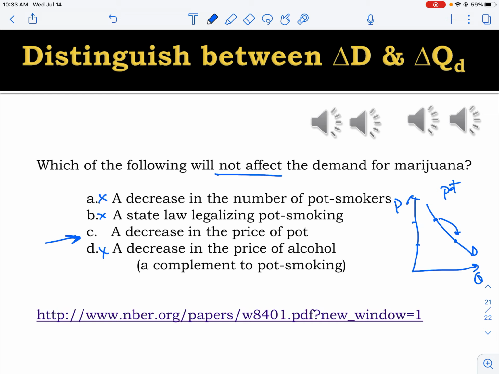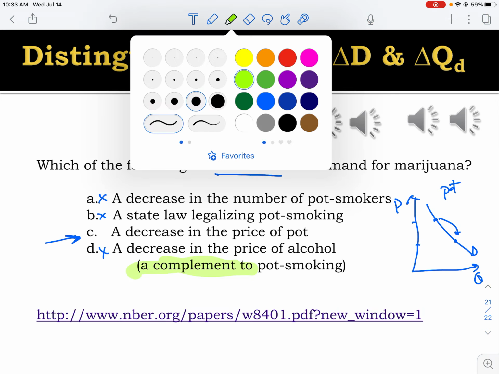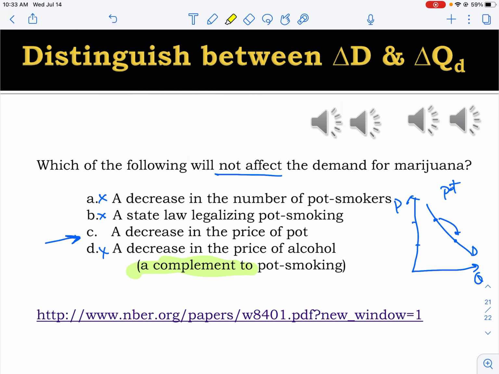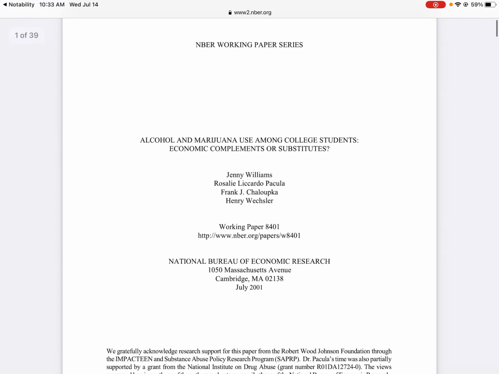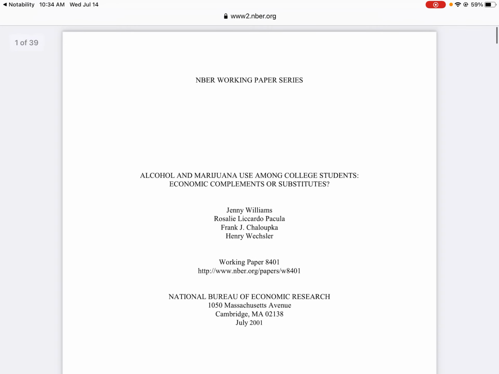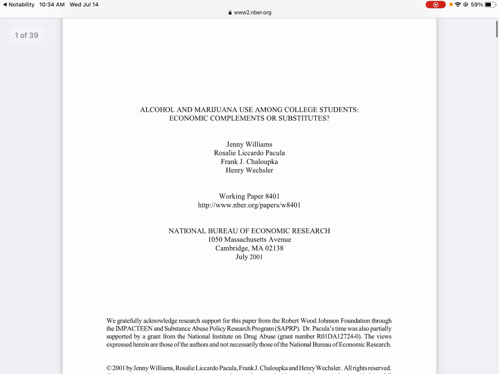Now, finally, this thing about them being complements, but what would make me believe that? I'm not a smoker, but I am an economist, and other economists, if we open this up, here's a paper. I should follow up and see where it's actually published because this is old now, but this was the working paper version.